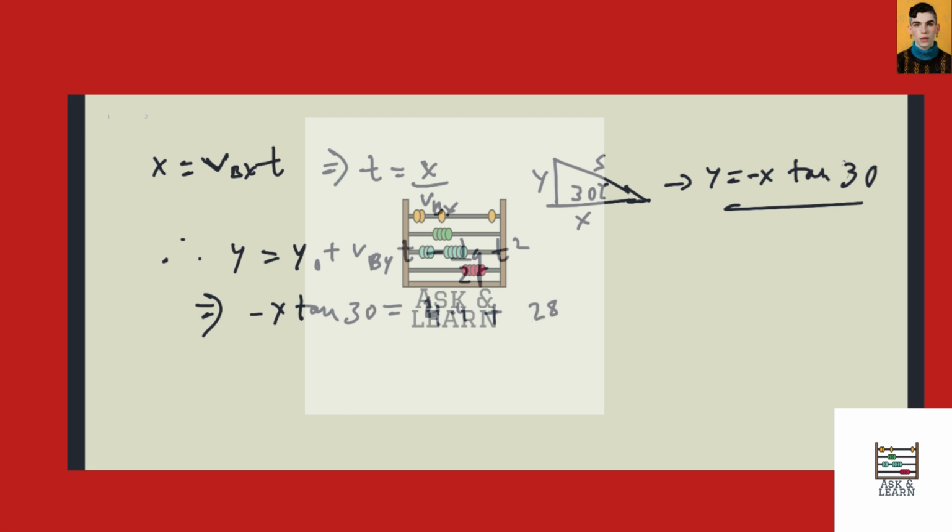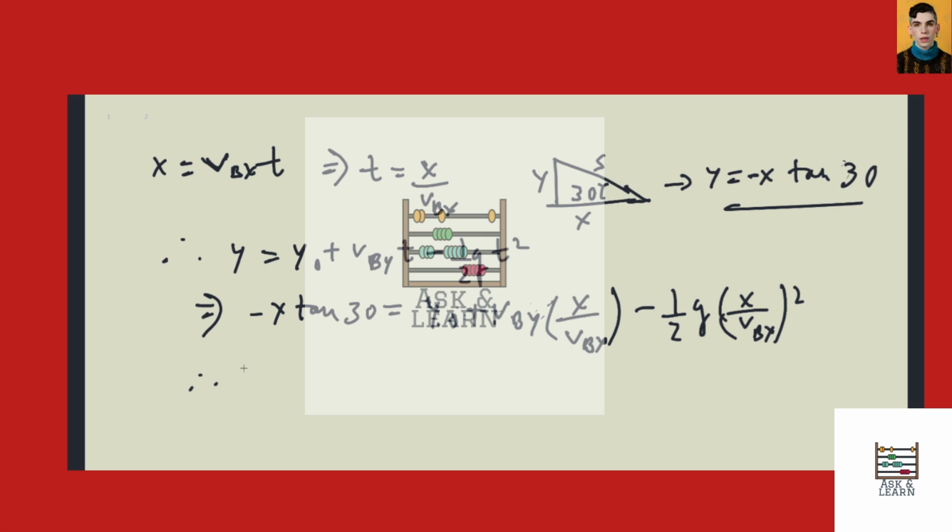Actually, let's not plug in everything quite yet. So negative x tan 30 is y naught plus VBY times t above, so x over VBX, minus 1/2 g times x over VBX quantity squared.